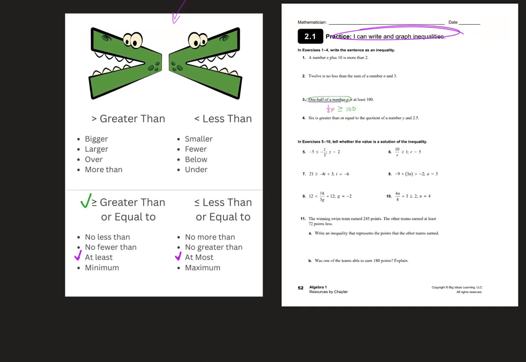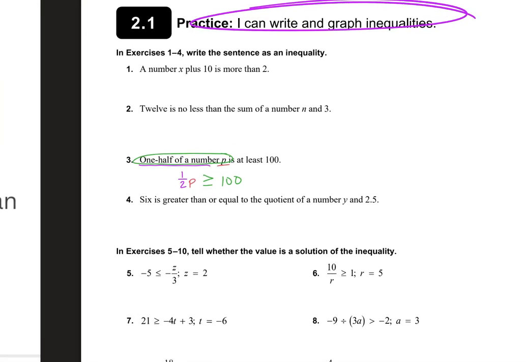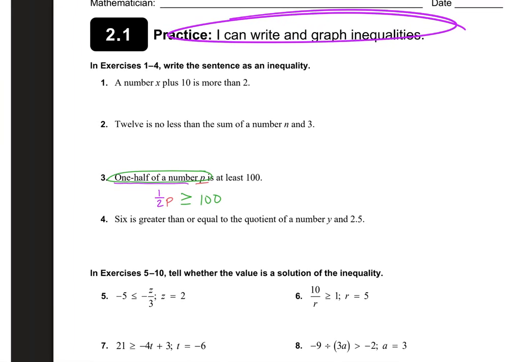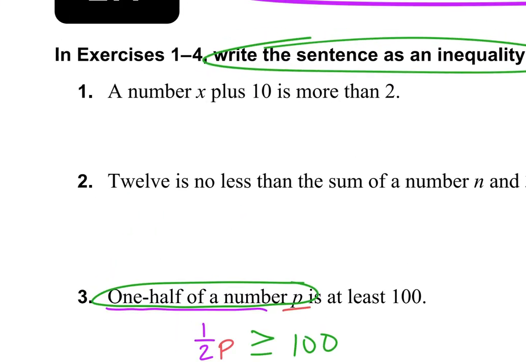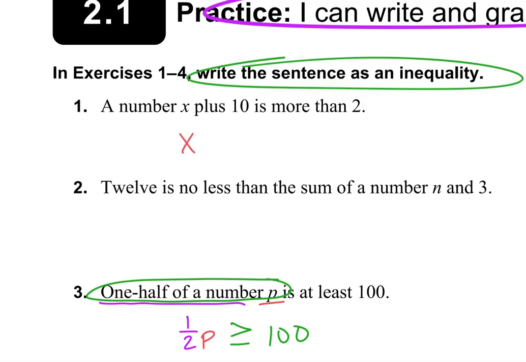And if you're like, yeah, duh, well, smarty pants, sometimes I can't think through that. So that's what we're doing up here, just writing each sentence as an inequality. And some of these are going to be super duper easy. Like number 1: a number x plus 10 is more than 2.